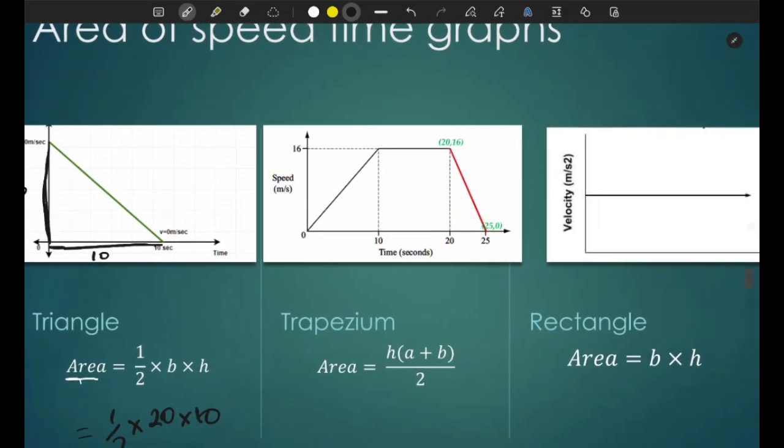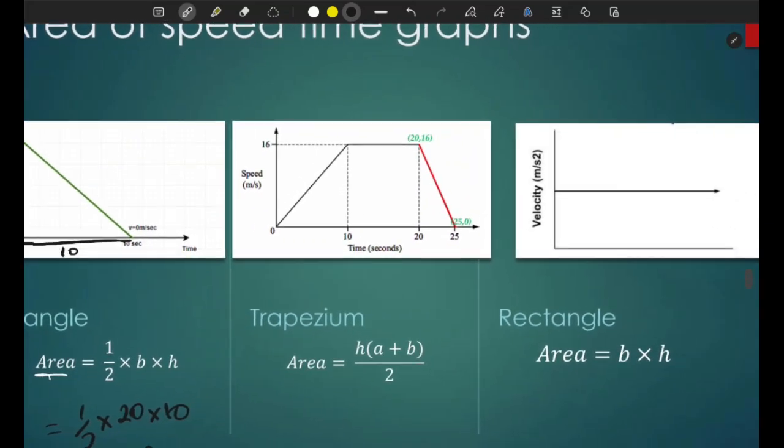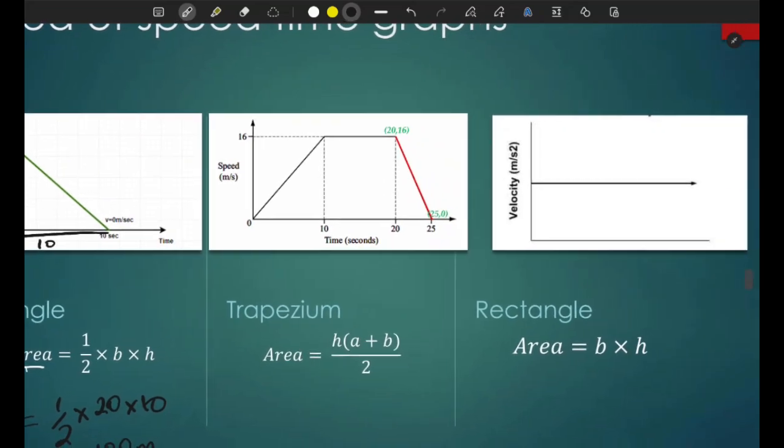The second scenario is a trapezium. There are two ways to calculate this one. The first one, which is shorter, uses the formula for the area of a trapezium, which is height times a plus b over 2, where a is one of the bases and b is the other base. In this scenario, the height is 16.